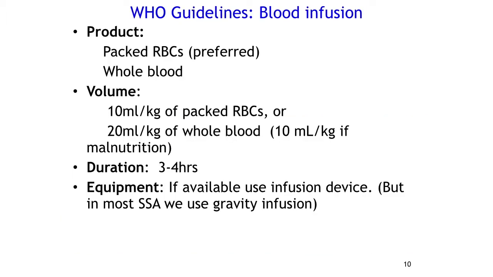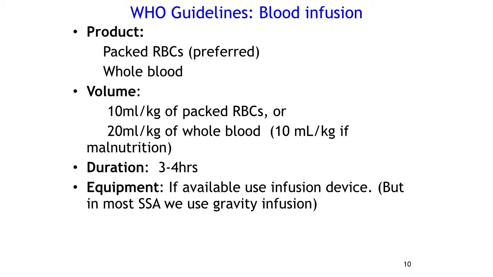How to transfuse, it talks about products. The recommendations are that you can give either red cell concentrates or whole blood. However, they say the preferred are the red cell concentrates. On volume, it's a bit liberal. It says you can give 10 mils of the red cell concentrates or 20 mils of whole blood, tapering that down to 20 mils if the child is malnourished.